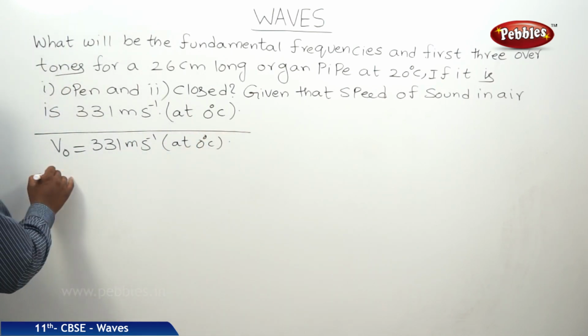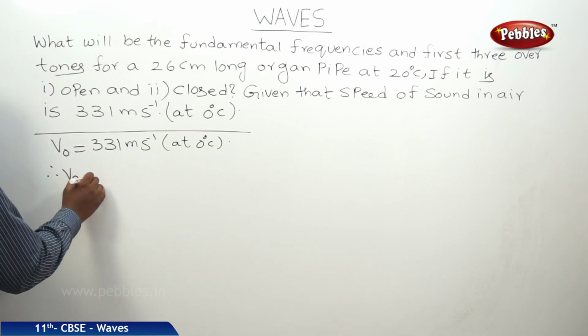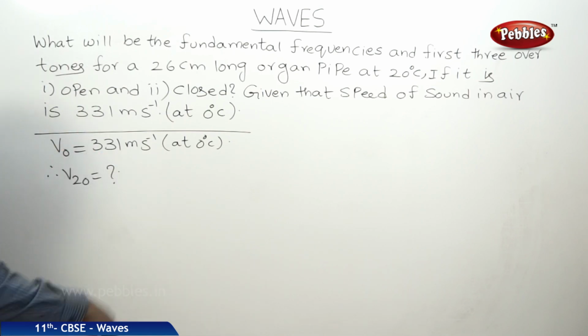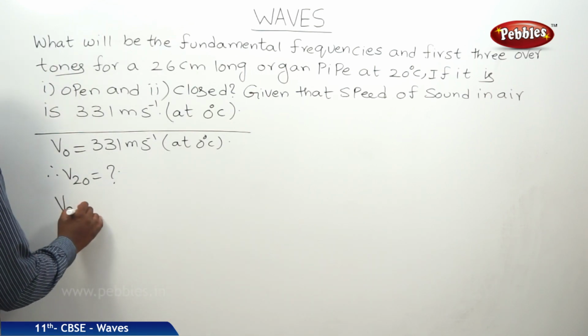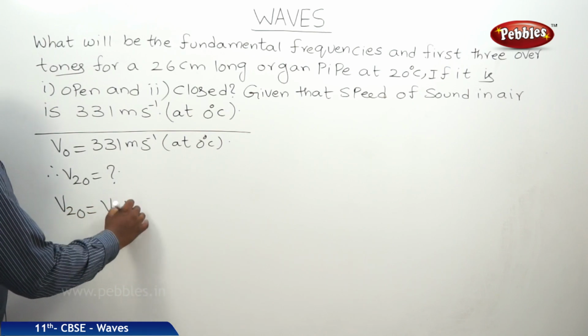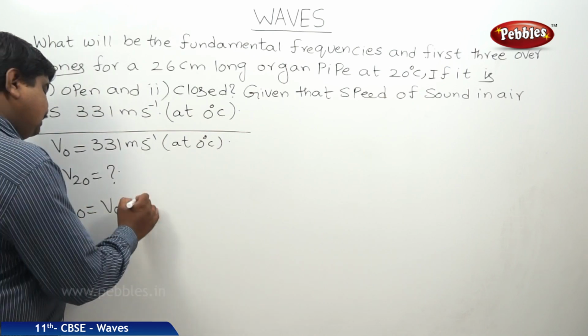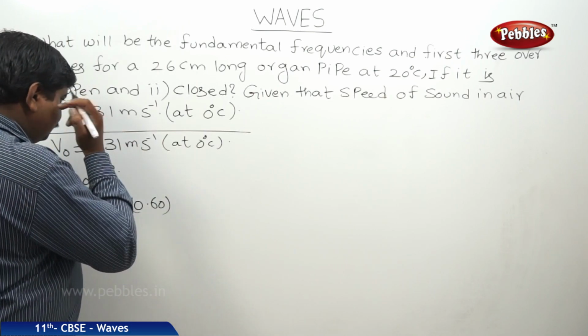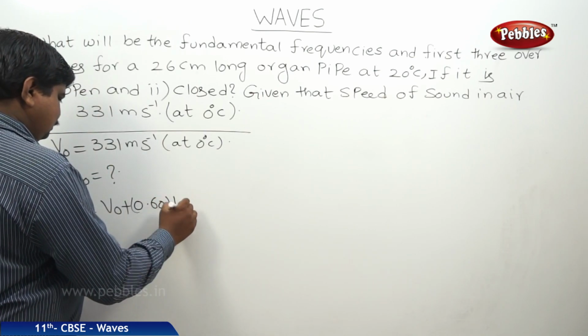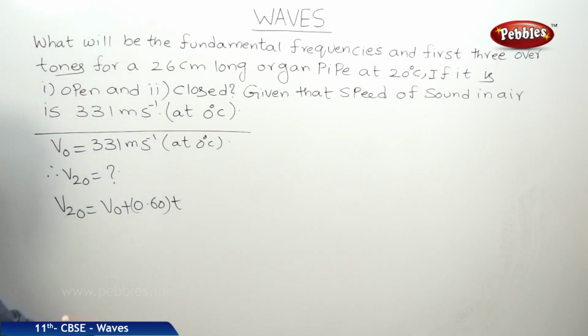At 20 degrees Celsius, first we should find out the speed of sound in air at 20 degrees Celsius. Therefore, the formula is V20 is equal to V naught plus 0.60 into temperature.